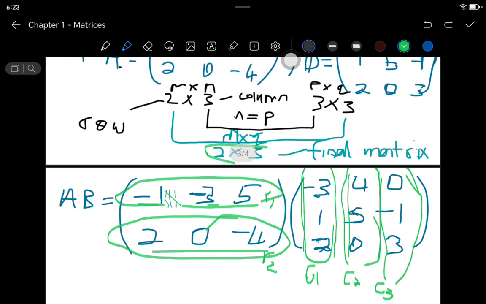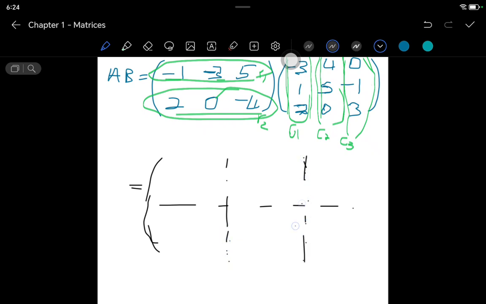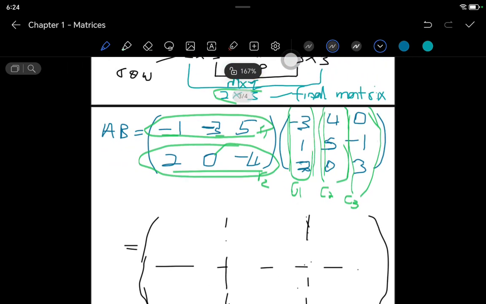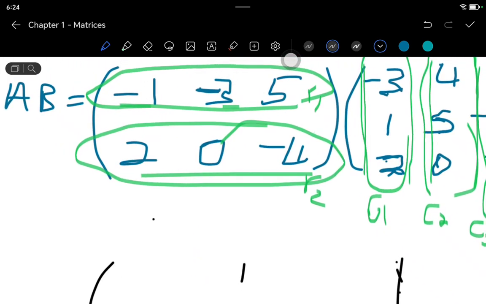So what I'm going to do is sketch 2 rows because I need 2 rows. You see right. Then I'm also going to sketch 3 columns. I need 3 columns. I'm going to sketch this first. And since they say that I'm going to multiply the ith row of A by the jth column of B, let's first structure the rows.